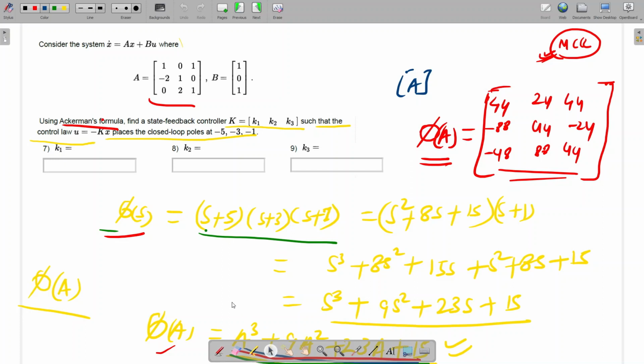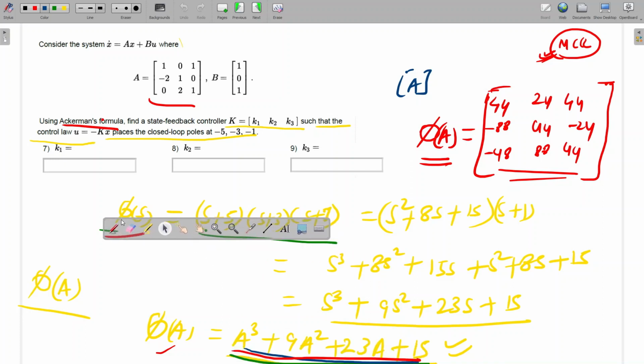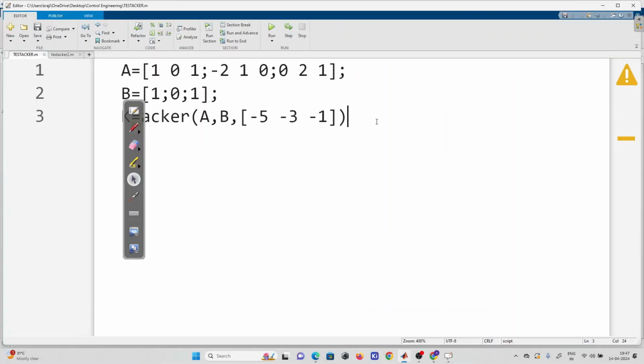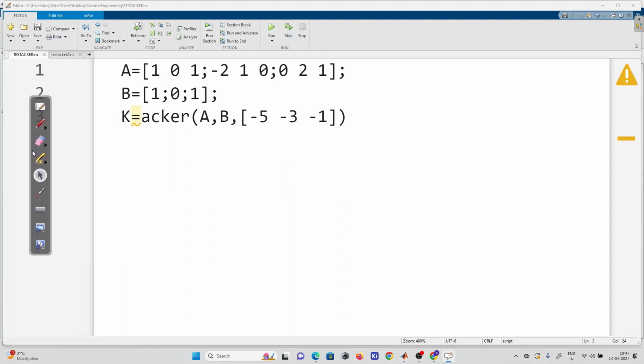Let's say we have to compute this kind of matrix: A cube plus 9A square plus 23A plus 15. In that code only we can write it. One second, I will show that. Let's say I am defining a matrix, and another matrix.